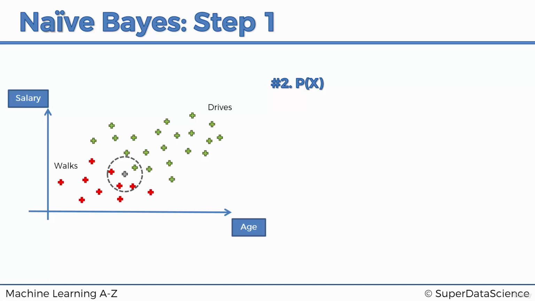Well, what we're going to do is, first of all, just to make things easier, remove our dot for now, just so that it's not confusing us. And then we're going to look at all the points that are inside this radius. And what we're saying here is that all of the points inside this circle we're going to deem to be similar in terms of features to the point that we had. The point that we had, remember, had an age of, for example, 25 and a salary of $30,000 per year.